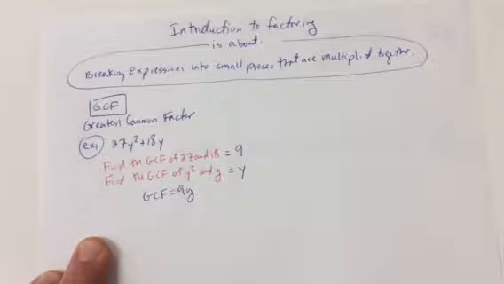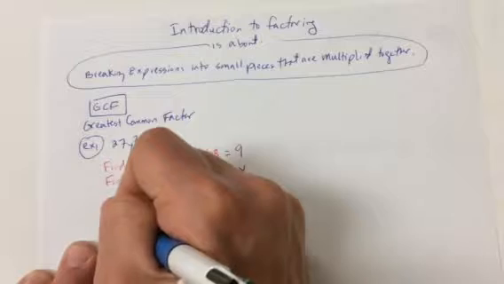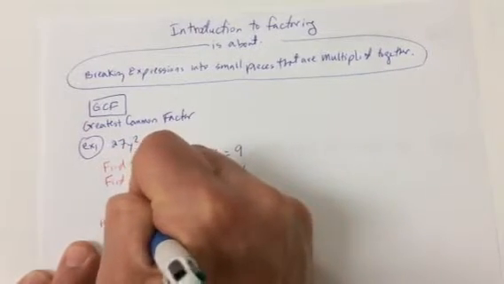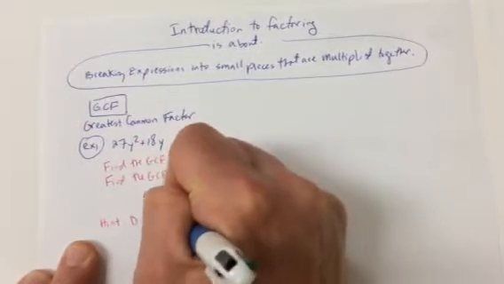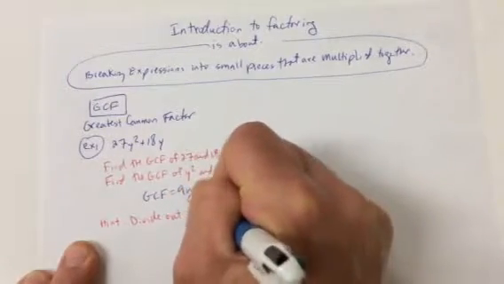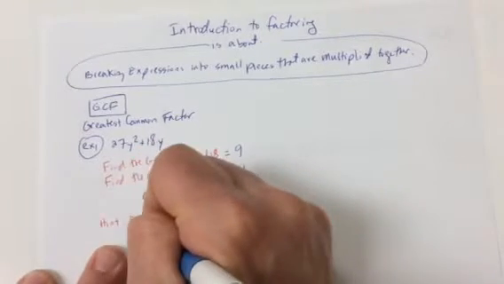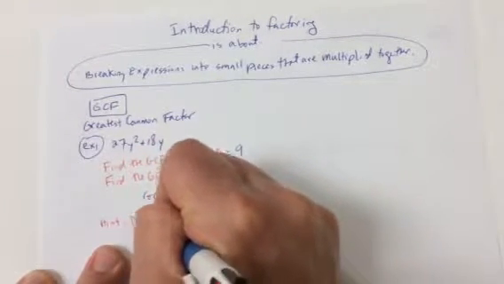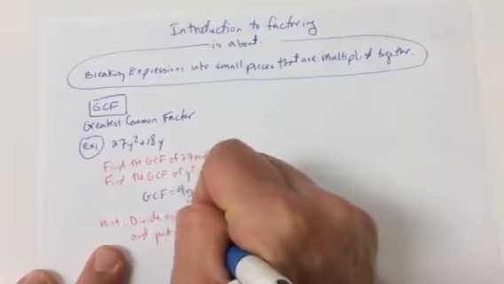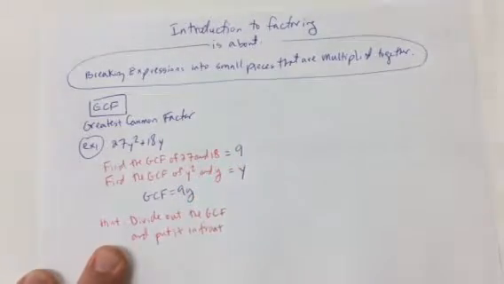Okay, so now when we write it out, we're going to divide out the GCF and put it in front of the parentheses.